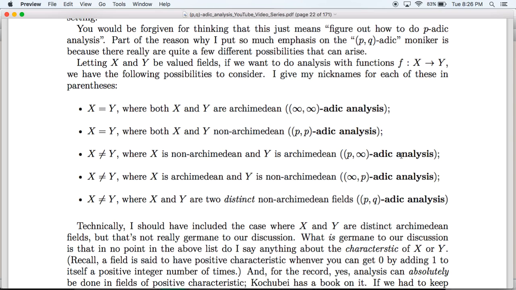This type of analysis is also done a lot in representation theory. There's a book by Bump and Hundley, on automorphic representations for the general linear group. The first chapter of that book gives a nice overview of P-infinity adic analysis.